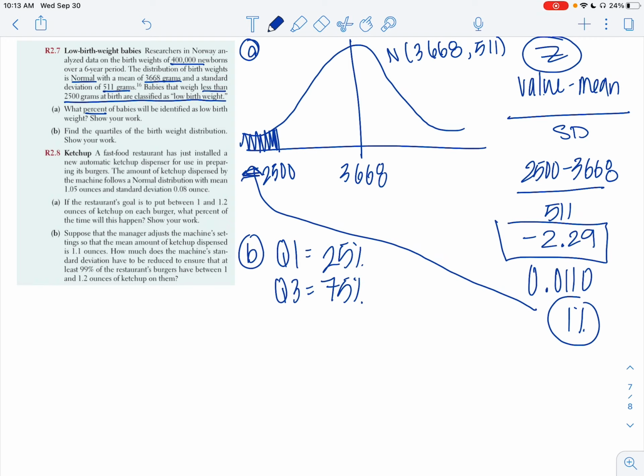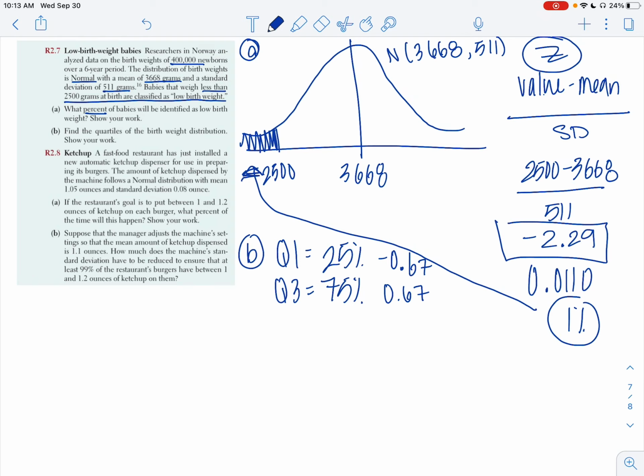So you have to look in table A and see which values give you the closest to that. For the 25th percentile, your Z-score is negative 0.67. And for 75%, your Z-score is 0.67.